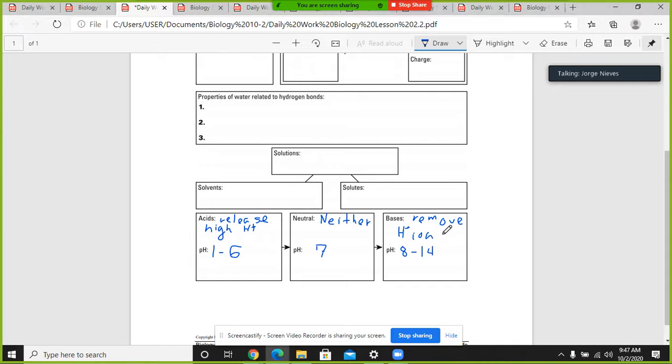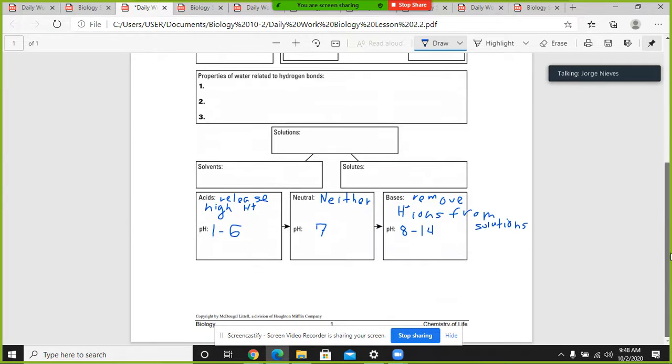Okay, ¿alguna duda, pregunta de esta lección? Estamos, mi gente. So now we're going to see the review. So we're going to answer the review. ¿Estamos claros entonces con esta lección 2.2?